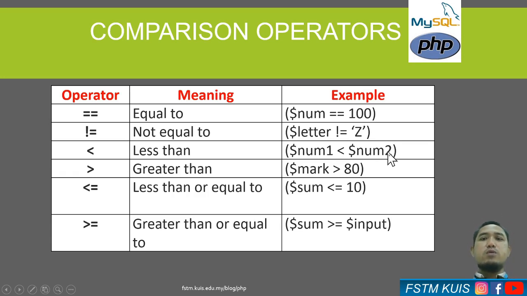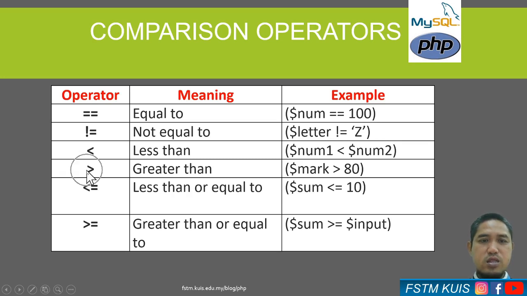Now let's say num1 is 10 and num2 is 5. Is 10 less than 5? Obviously it's not, so it will provide false.